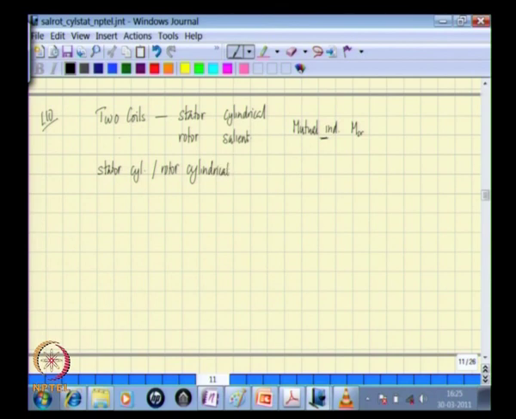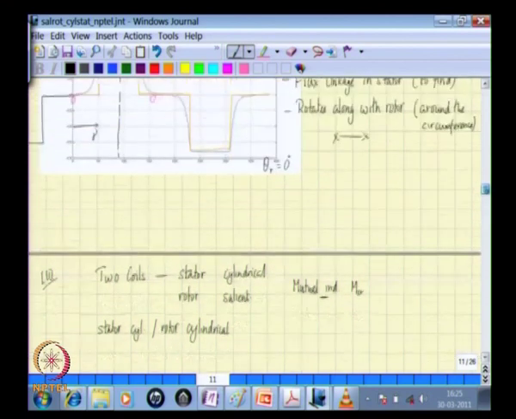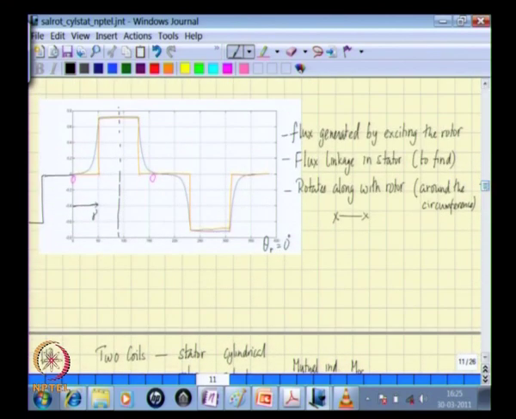And there we looked at the MMF generated by the rotor, and as this waveform moves, how we evaluated the flux linkage. There we had looked at how much flux is going to be linked by the turns of the stator as this moves, and we simply took the area finding approach.